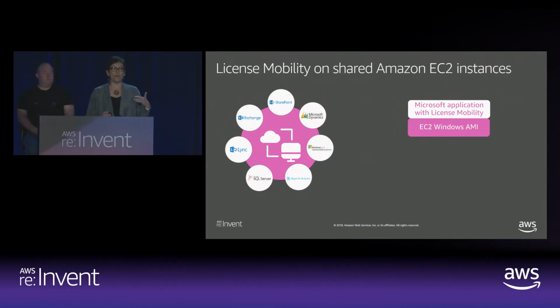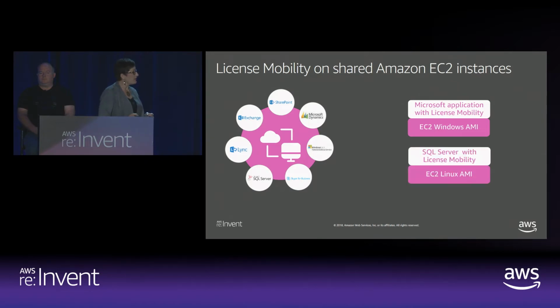So what we see very commonly is, of course, people do this for SQL Server, but we also see people bringing SharePoint because they want to have all their same features of SharePoint. Same with Dynamics. People like to bring that over to EC2 as well.